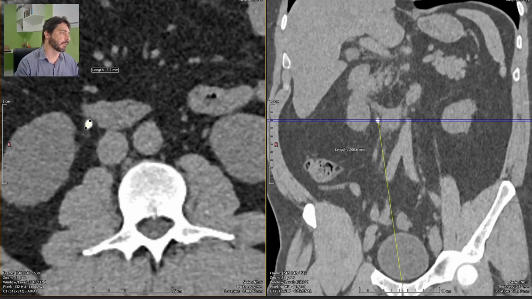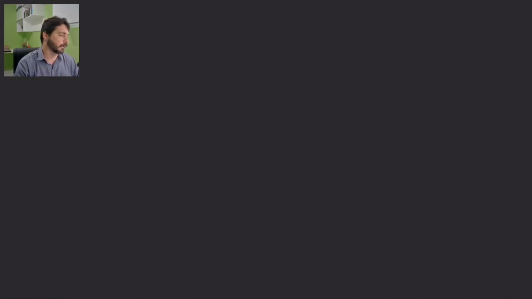Right. So we're done. Let's sign it, clear the buffer, and get ourselves another CT scan, a head CT scan now.